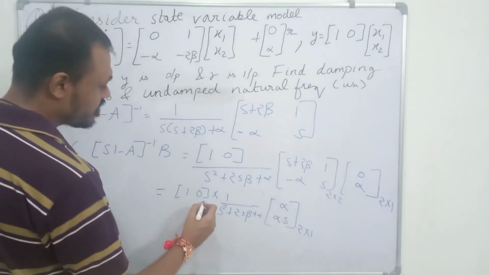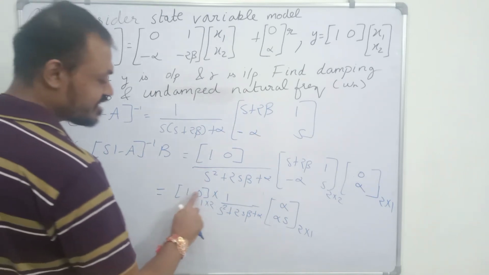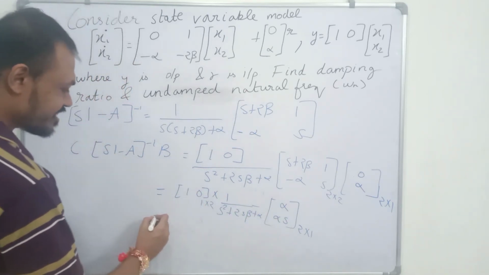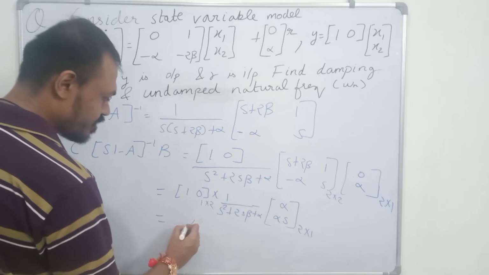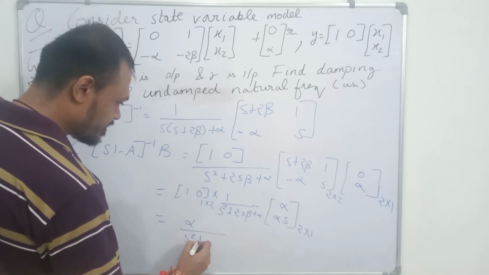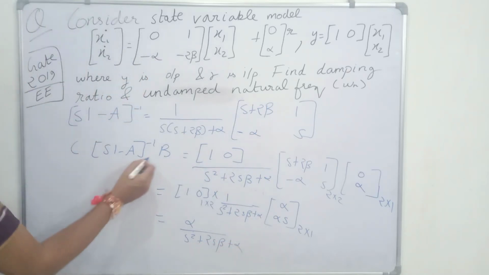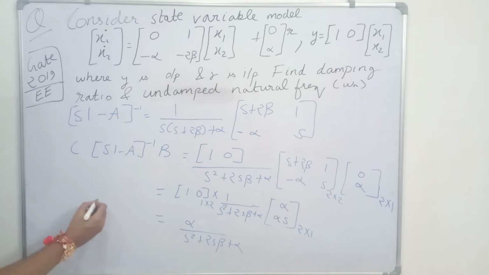This is a 1 cross 2 matrix and this is a 2 cross 1 matrix, so we multiply them. This will be equal to alpha upon s squared plus 2 beta s plus alpha. So this is the transfer function.